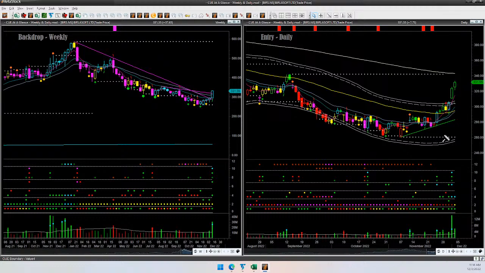I suggested buying the stock here. I don't remember exactly on this day or this day, one of these 2 days. I suggested buying the stock, and I mentioned in the market recap that I did take a long position in Birlasoft. The stop would be just below the trend line support.